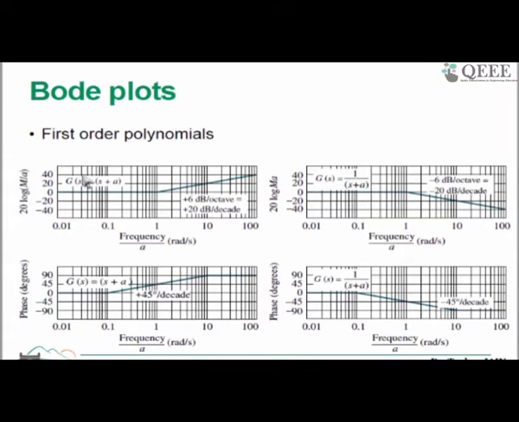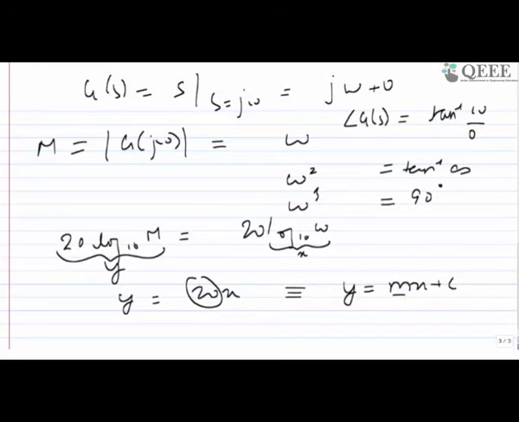Now let's say I have a g of s which has a root or a zero other than at the 0 position. So here we have s plus a. If you write this s plus a in a similar fashion, we have g of s equal to s plus a, where s is equal to j omega.